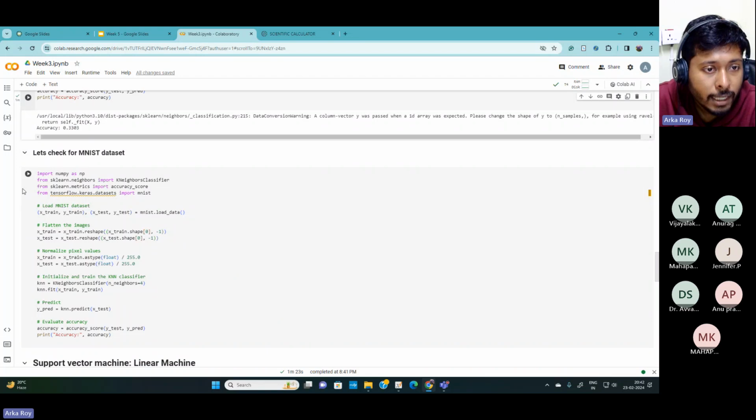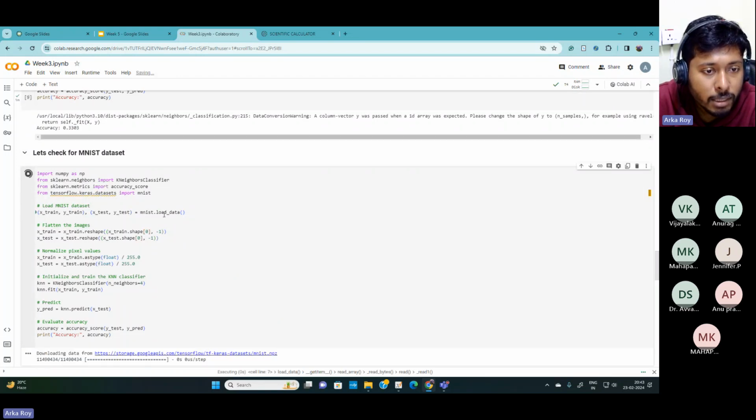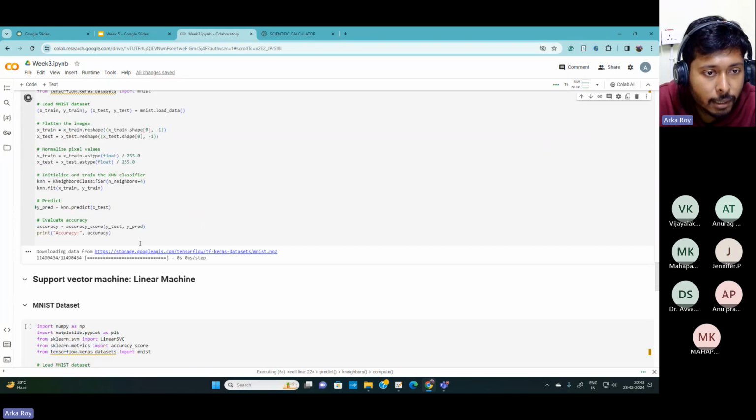Okay, so let us do the same for the MNIST dataset. Over here, I am loading the MNIST dataset, then I am flattening the images, and then I am using KNN, K nearest neighbor. And in case of MNIST dataset, I have deliberately put the K value, that means the number of neighbors, equal to 4. Let us check whether we are getting a good classification accuracy or not.